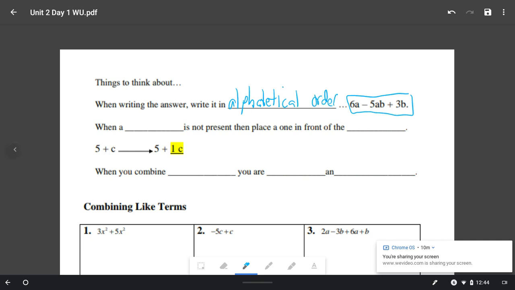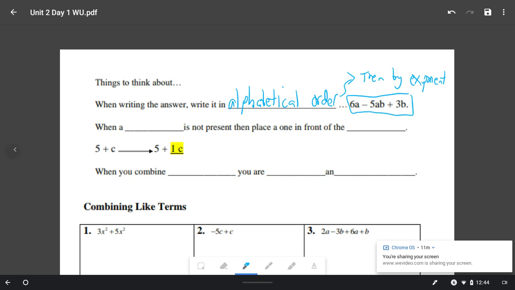So in the end, it should always be in alphabetical order. And one thing that these notes don't say is after alphabetical order, then by exponent. So that means you write the biggest exponent to the smallest after you do the alphabetizing, which I'll show you.